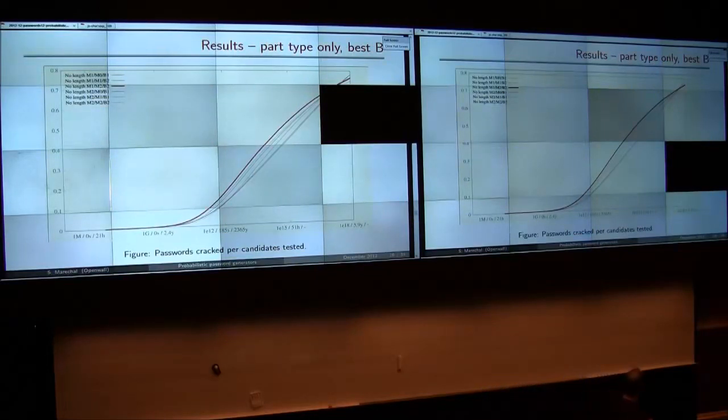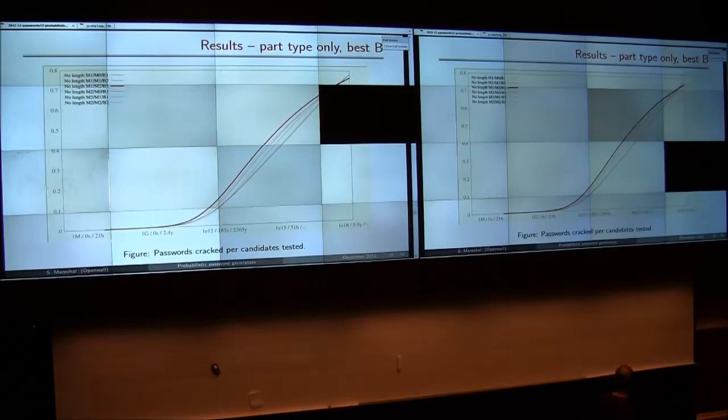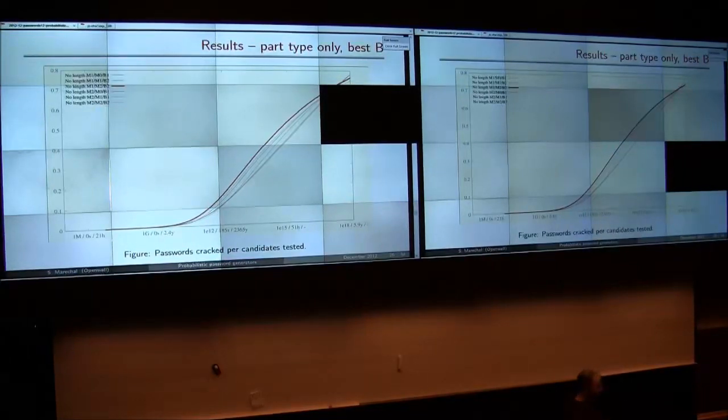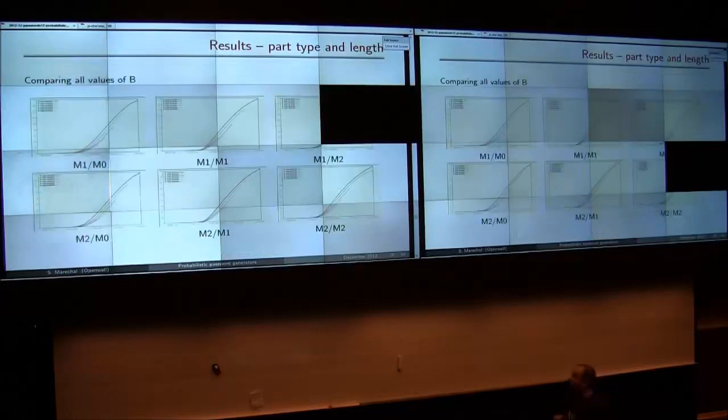In that case, what I found is that for part type only, which is when I model the password structure while discarding the length of each part, the best performing model was a simple Markov model for the structure and a 3-gram password model for each subpart, with a constant of 2.